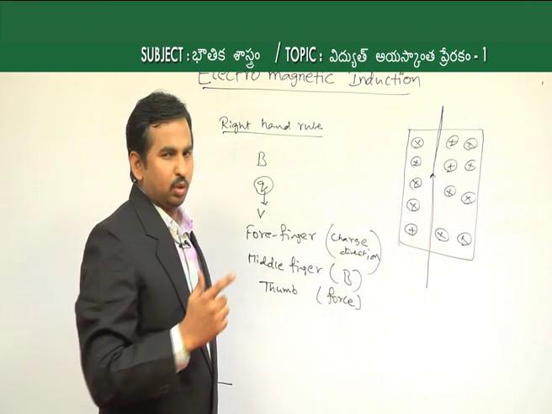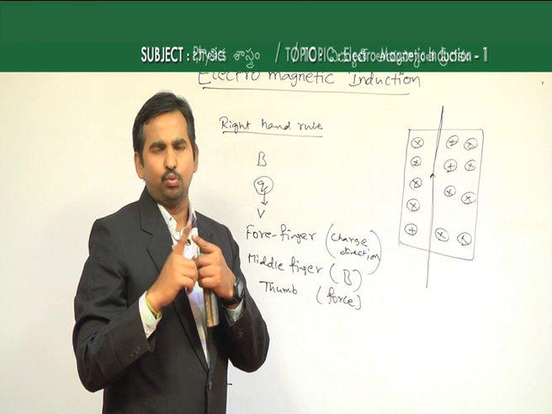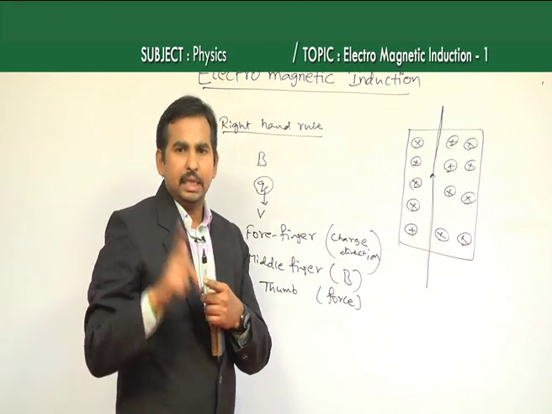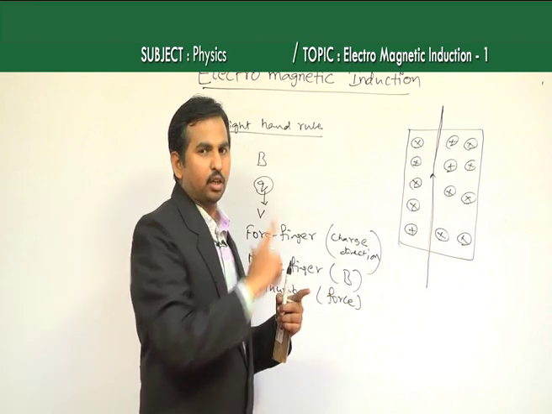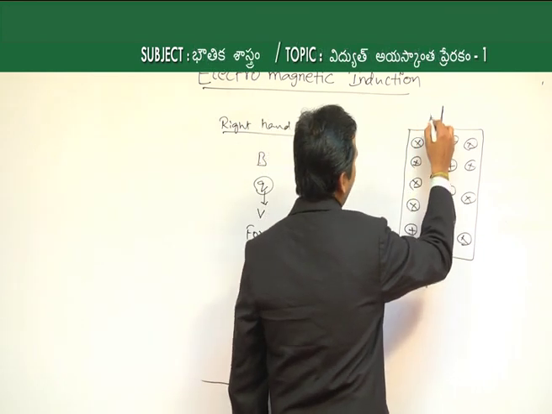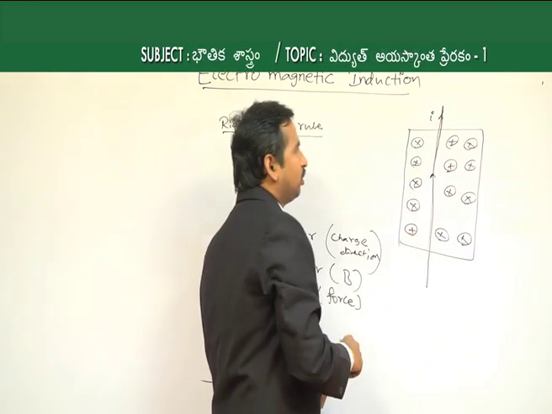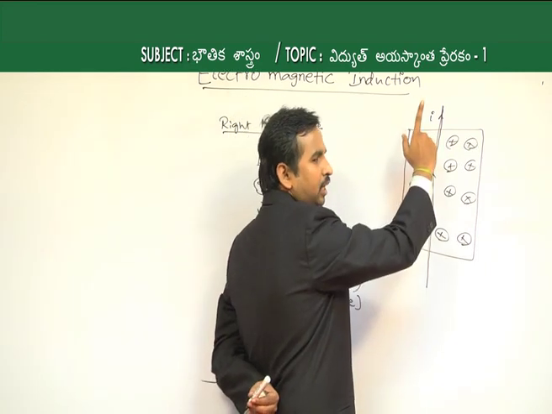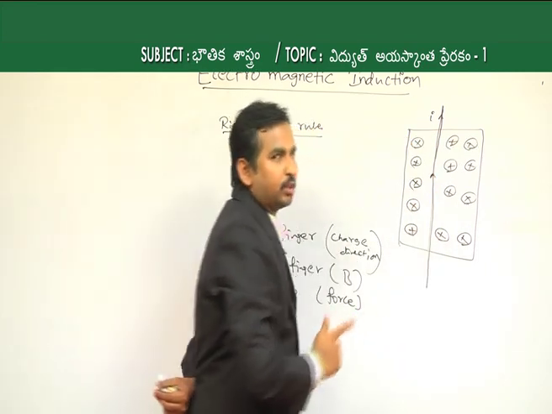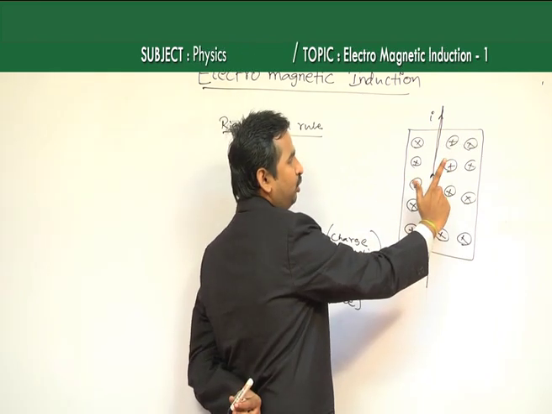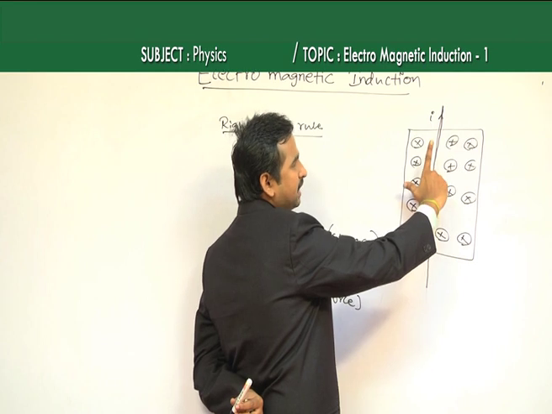As I said before, first fix the direction of the forefinger, which is the direction of charge flow, that is, the current direction. As the current direction is upwards, we take the forefinger upwards like this. The cross represents that the field is into the plane, so we take that into the plane, and the current is going upwards.